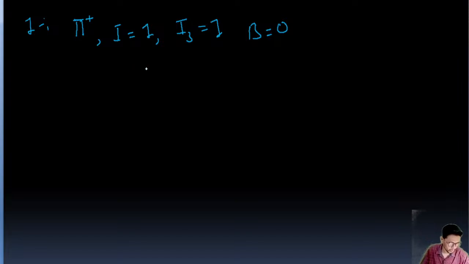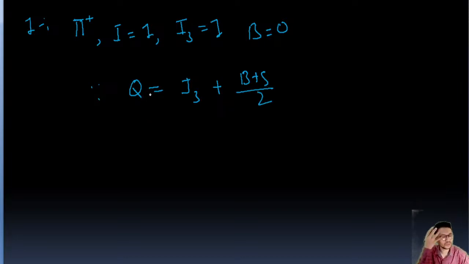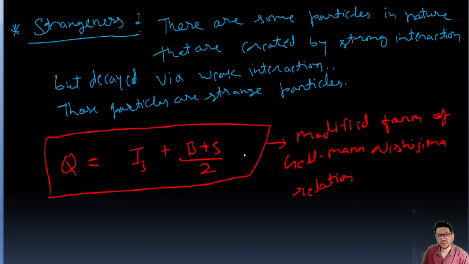Then by the Gell-Mann-Nishijima formula, Q equals I3 plus B plus S by 2. It is a very important formula, guys, because you cannot memorize the strangeness of all the particles.